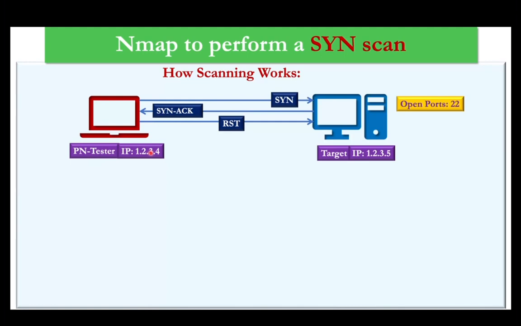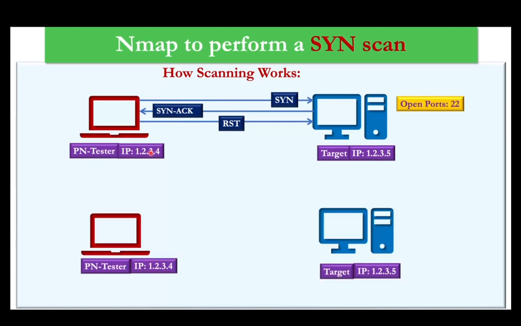Let us see another scenario, where Nmap determines that, suppose, port number 139 is closed. This is even simpler than the open case. The first step is always the same: Nmap sends the SYN probe to the target.